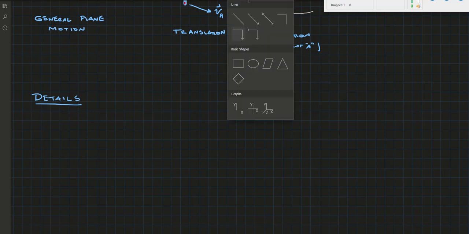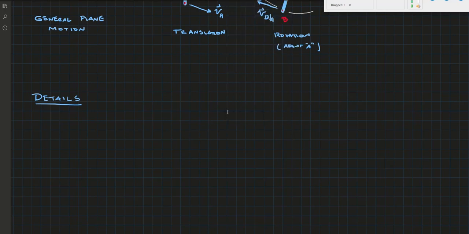So let's look at the details concerning solving a problem like this. To begin with, let's look at a link in the XY plane. Label this A point and B point, and this is a fixed reference plane.